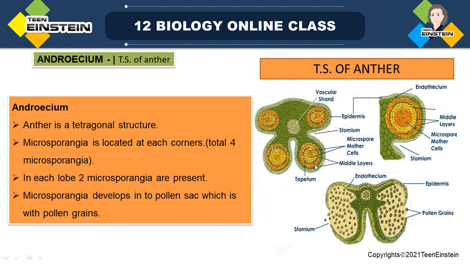This microsporangium will develop into a pollen sac. You can see the pollen sac, and these pollen sacs are filled with pollen grains. In the tetragonal structure, at the center it has a vascular strand.